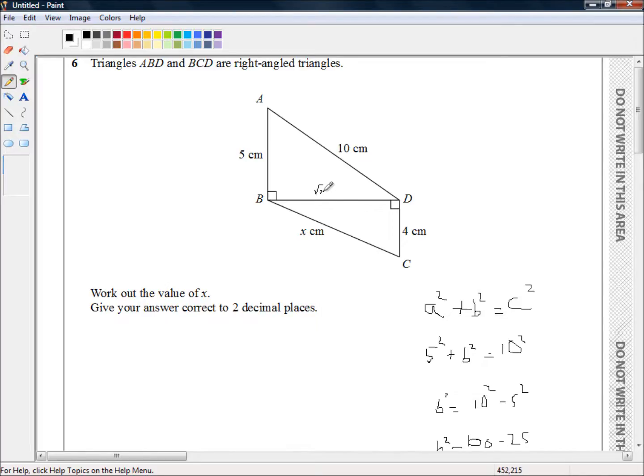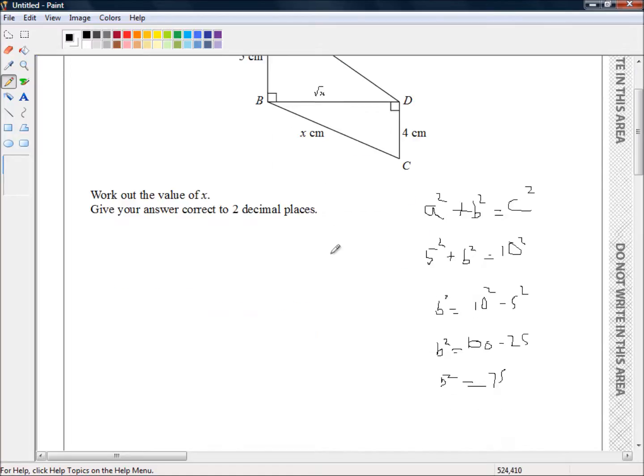I'm not going to try and solve the square root of 75 because I'm going to have to square it again anyway to do Pythagoras' theorem to get x. So the square root of 75 squared is just 75. So 75 plus, and then 4 squared is 16, is equal to x squared.